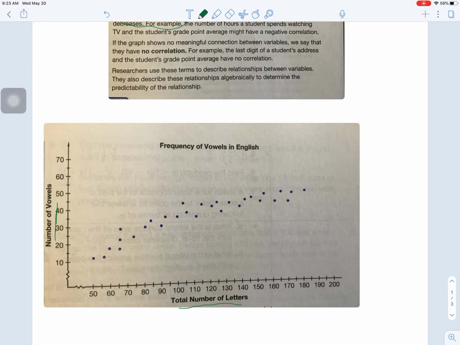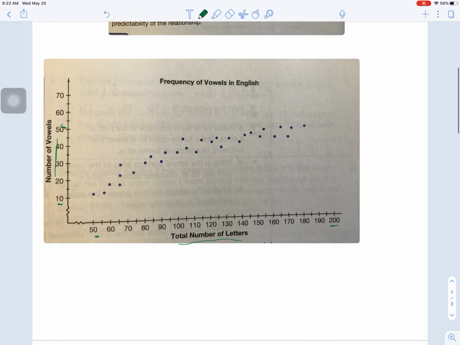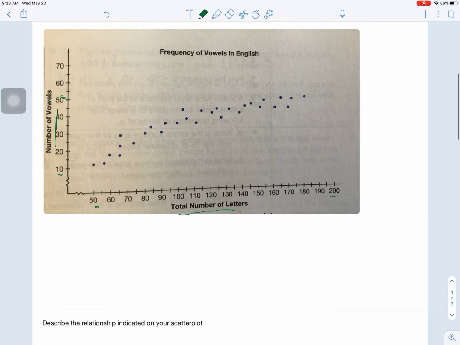For example, if you have 50 letters, you can see that this person had just over 10 vowels in 50 letters. And if you get up to 200 letters, then you have somewhere in the neighborhood of 50 vowels as well. So let's go through the questions.